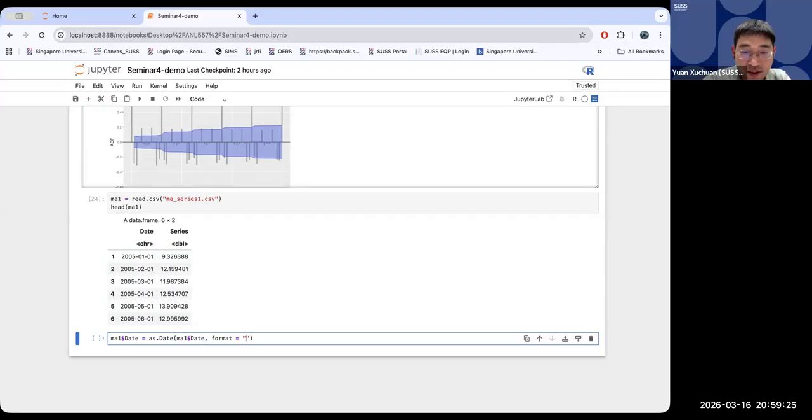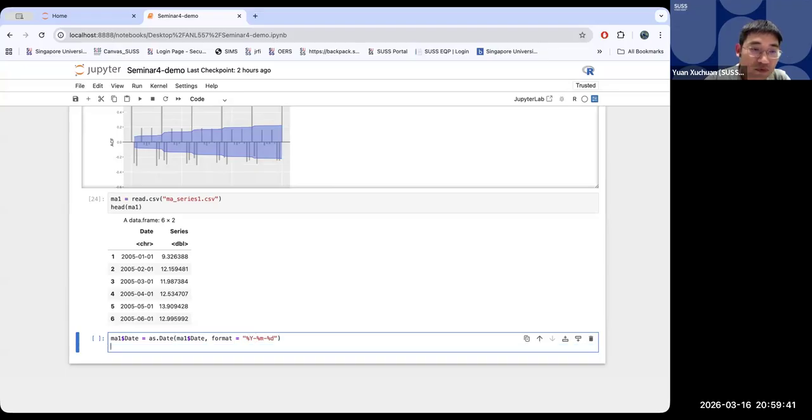It will be year, month, day. Yeah, year, month. Oh, it's in this format. And we convert this to time series.